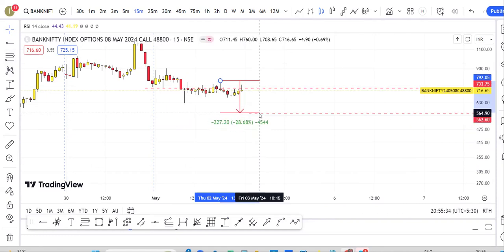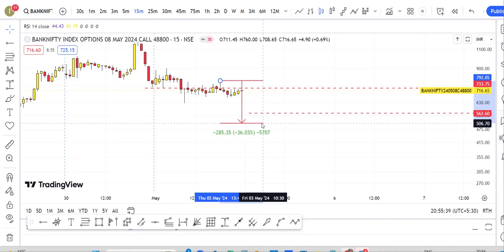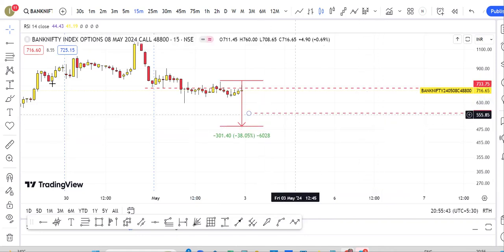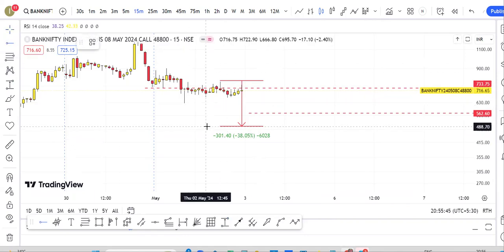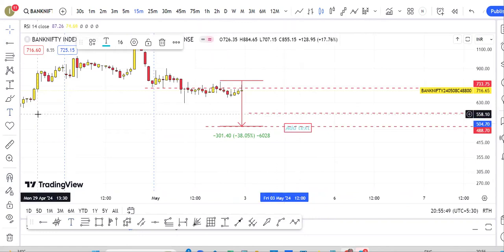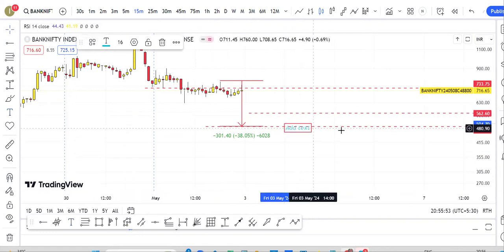How much is 227? 100 points, 300 points. Okay. So you can anticipate 482, 400 to 500 rupees decay in the call option.